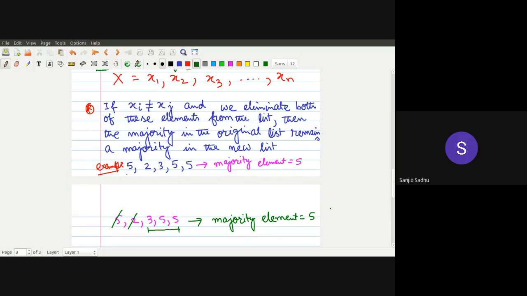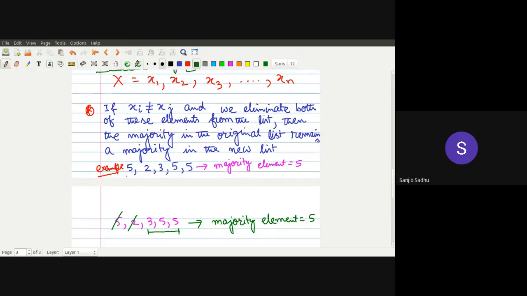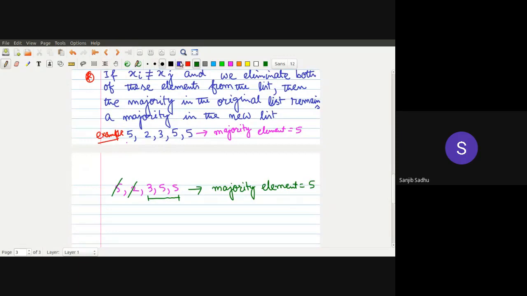Clear? But please remember a very important thing, as a note: the opposite is not always true. The opposite may not be true.